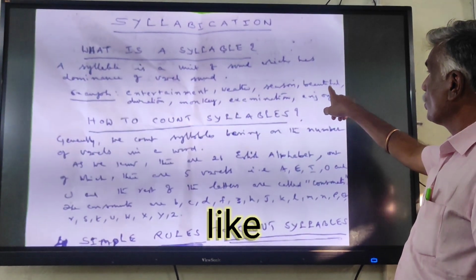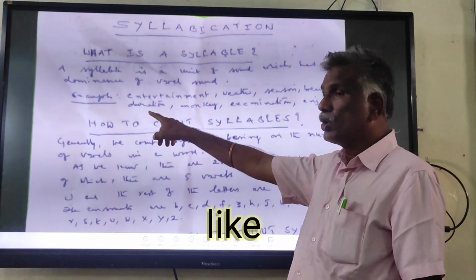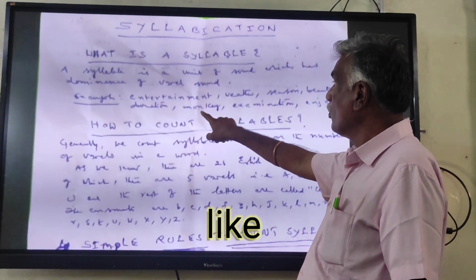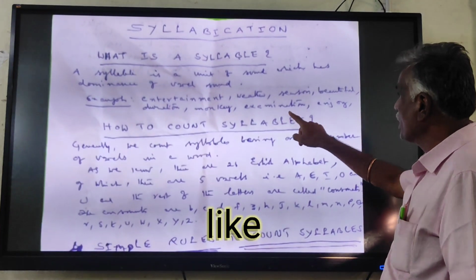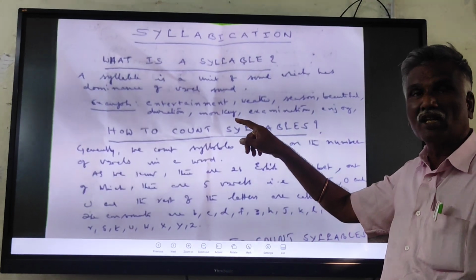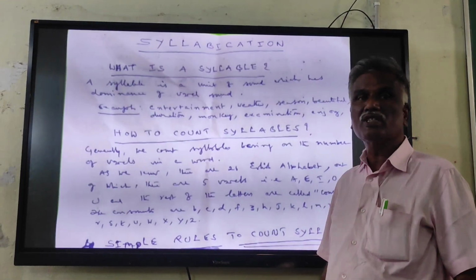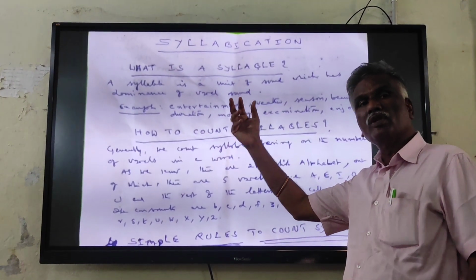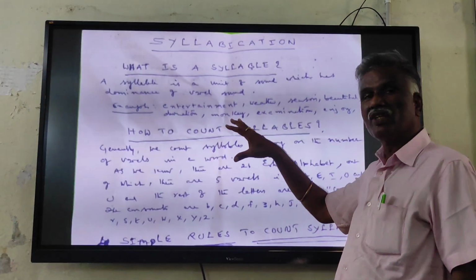Beautiful has three syllables. Duration has three syllables. Monkey has two syllables. Examination is a polysyllabic word. Enjoy is a disyllabic word. All these words have vowel sounds. Due to the domination of vowel sound, that word is divided into many syllables.